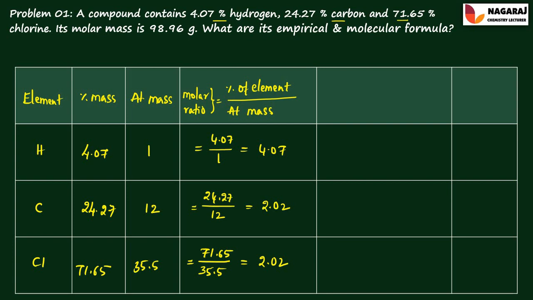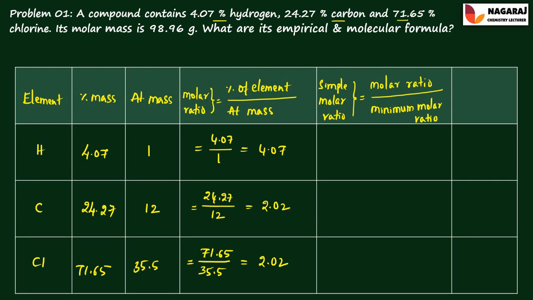Next, to calculate the simple molar ratio: the simple molar ratio is equal to the molar ratio of that element divided by the minimum molar ratio.